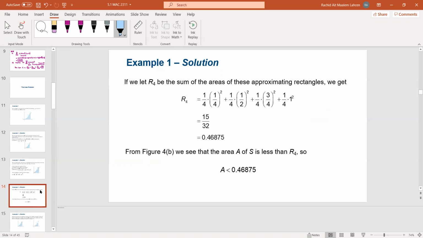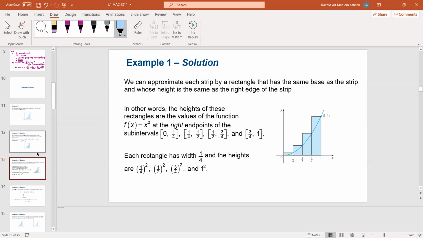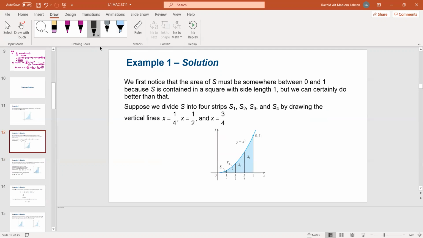We could calculate using the right side. Let's go to this one that's not done. Because we're estimating, let's finish it this way.